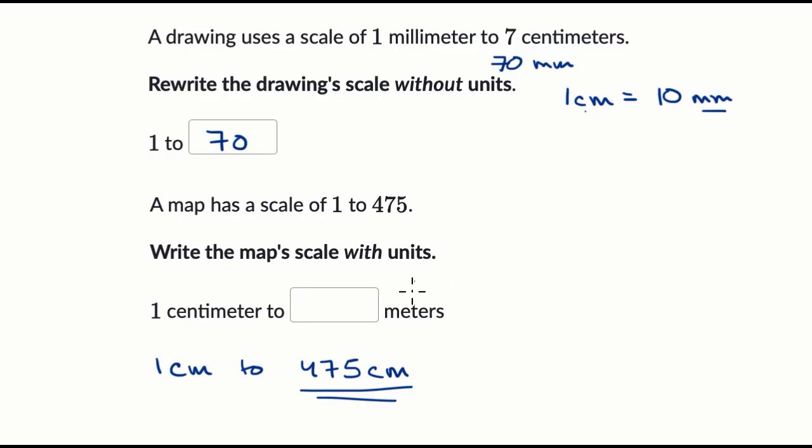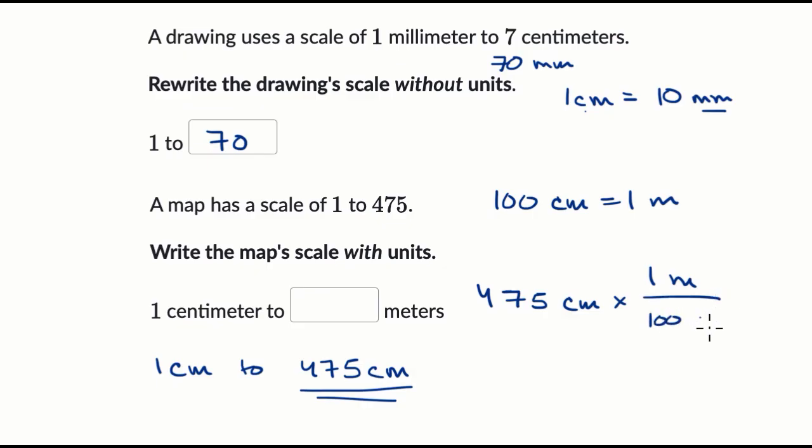Well, one way to think about it is you have 100 centimeters per every 1 meter, or you could say a meter is equal to 100 centimeters. So what you want to do is actually divide this by 100. Another way you could think about it, if you really want to think about units, 475 centimeters times 1 meter for every 100 centimeters.